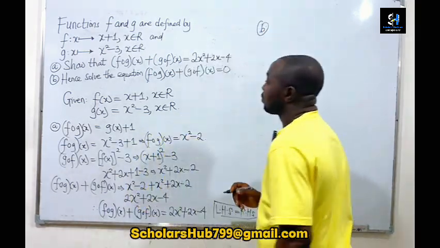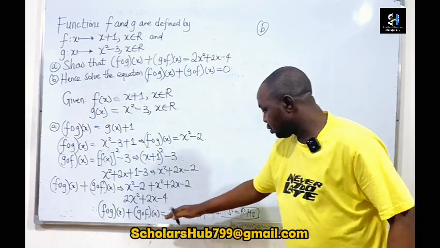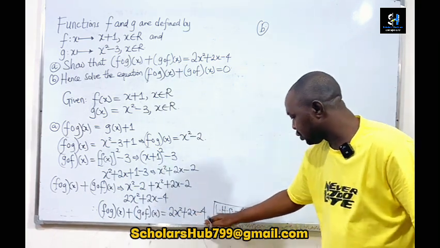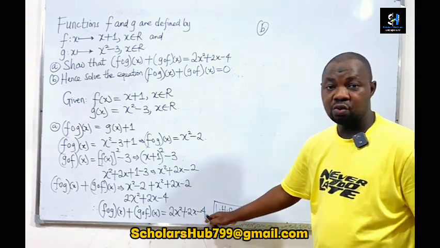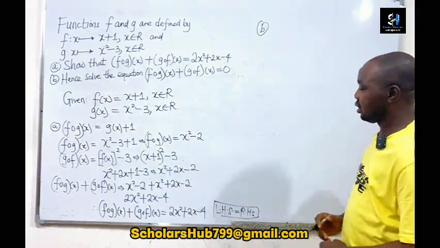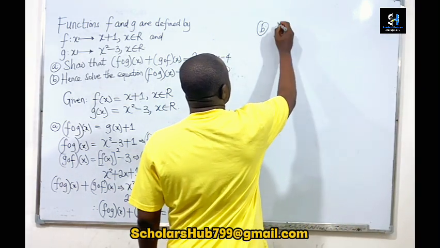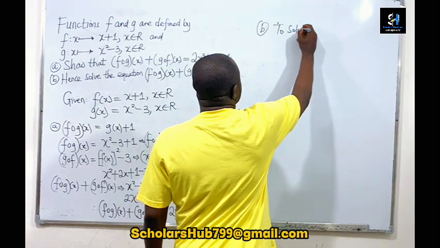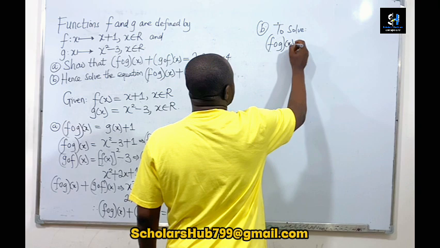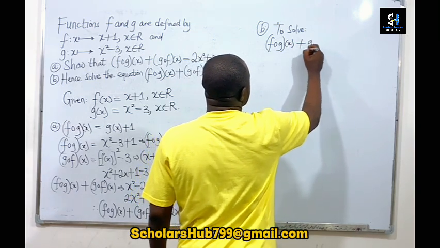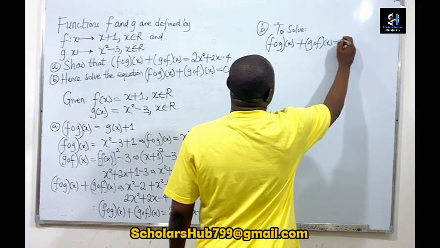Now B, hence solve the equation. The expression we got here, when we set it equal to 0, what will be the two possible values of x? To solve the equation, we have fg of x plus gf of x equals 0.